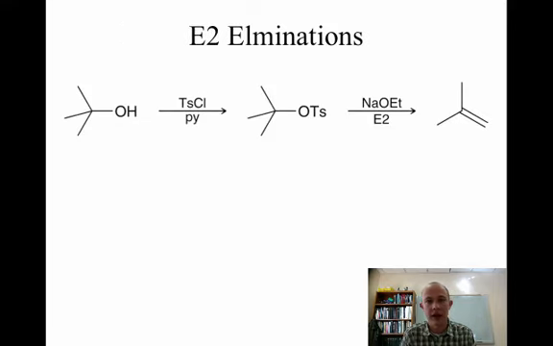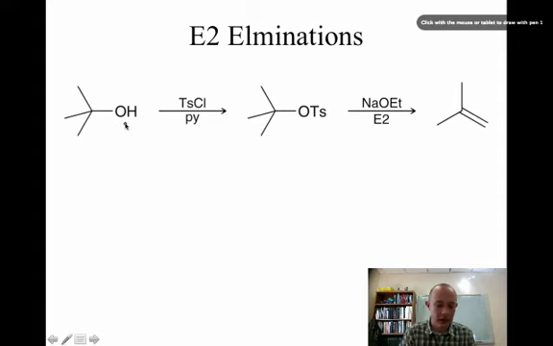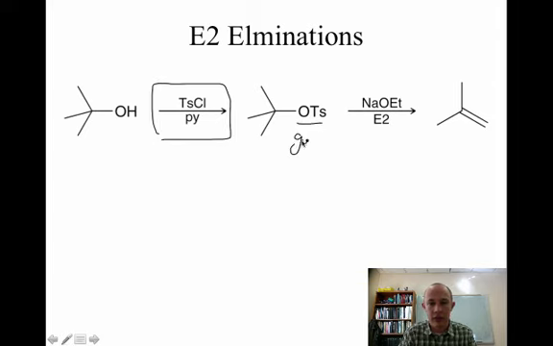And the last reaction that I'll talk about is an E2 elimination, right? Remember E2 reactions, right? If we have a good leaving group here, we can treat this with a strong base and then get our alkene, but this is not a good leaving group, so instead what we're going to do is tosylate. That's going to give us a good leaving group.